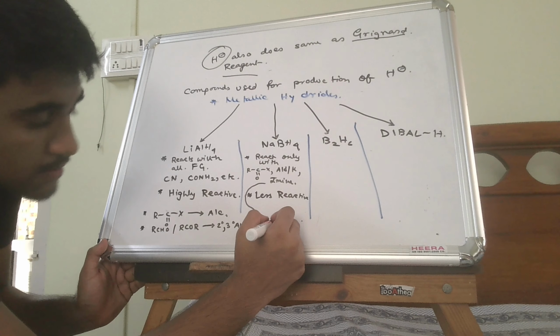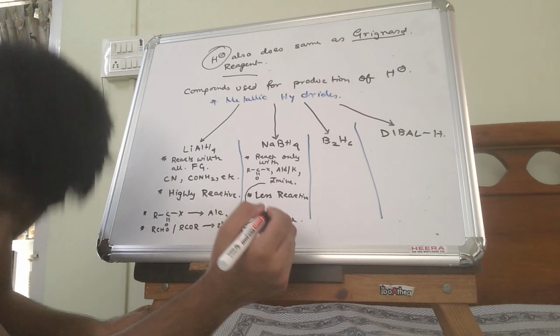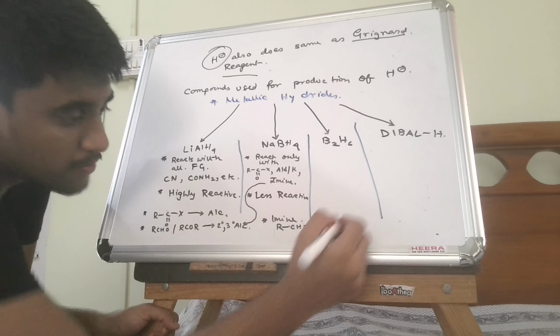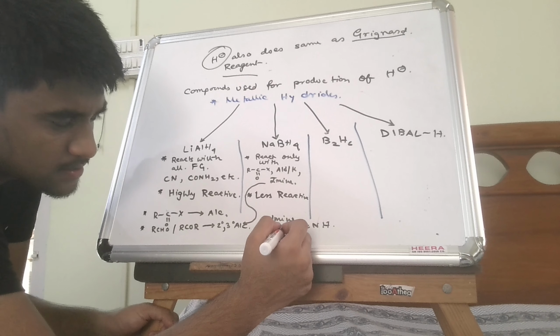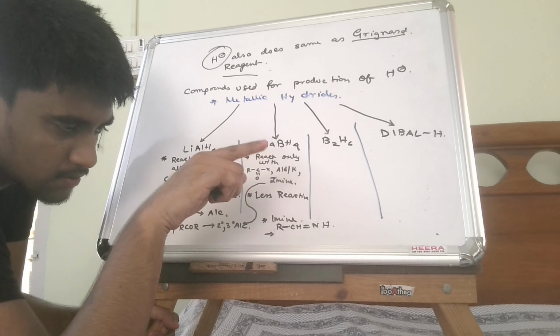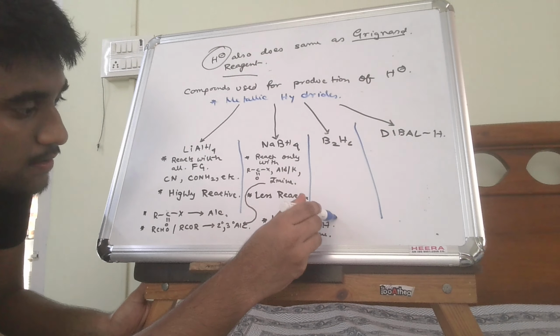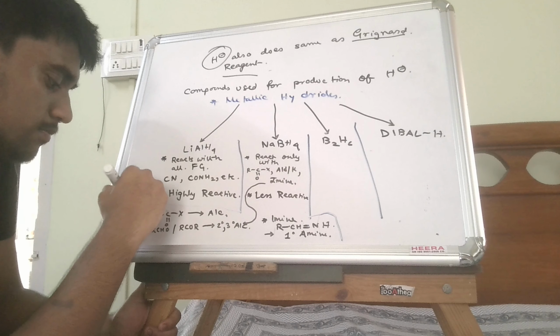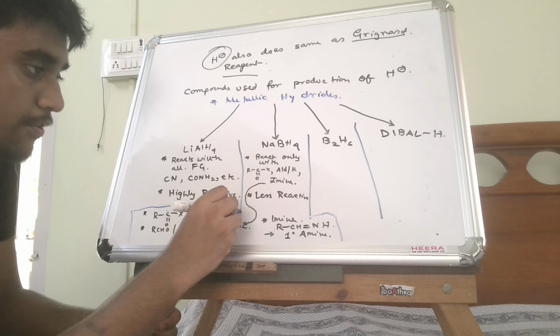Imine has the double bond: R-CH=NH. This is an imine. Imine forms 1 degree amine. So like this it forms. I hope that I have made it clear for you.